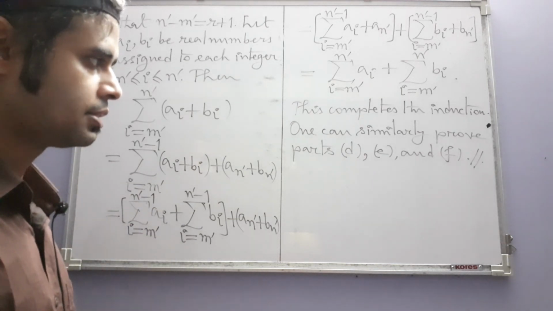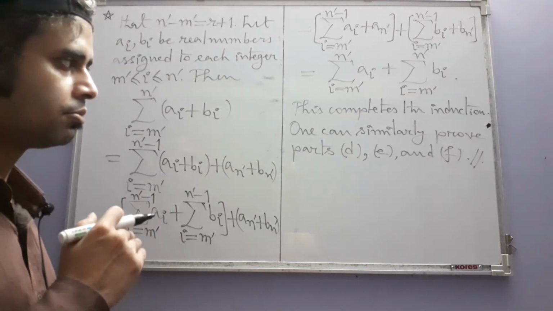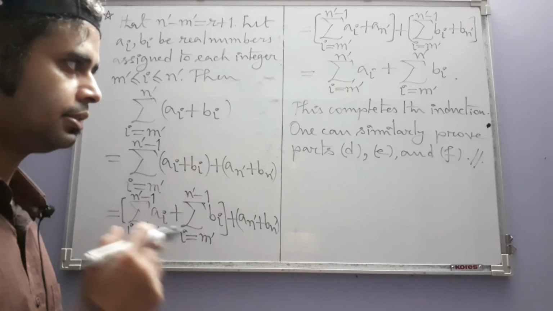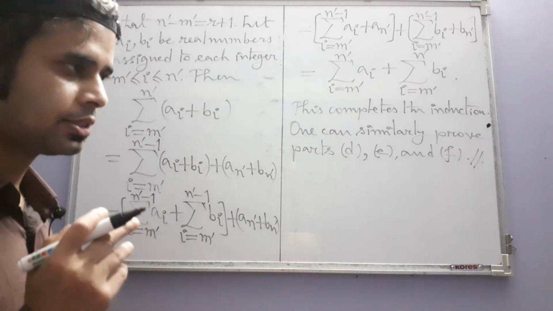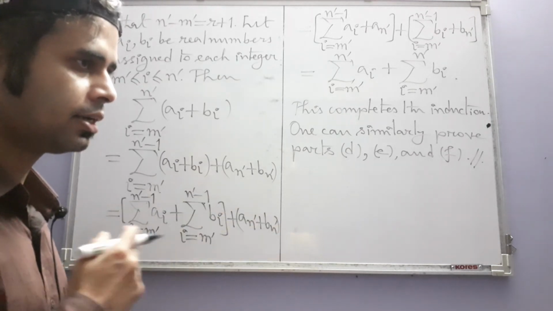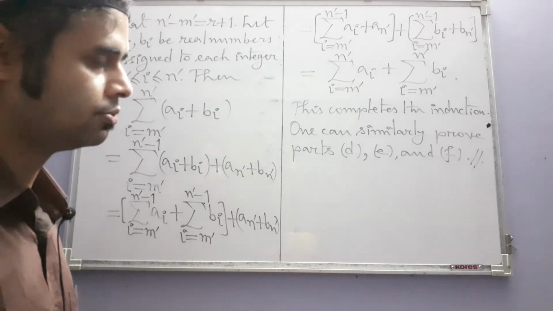The basic properties of finite series are now available to us with the assurance that yes, it has been proved, so it will always be true, despite the fact that there are infinitely many cases where this thing is true. That's what we have proved.